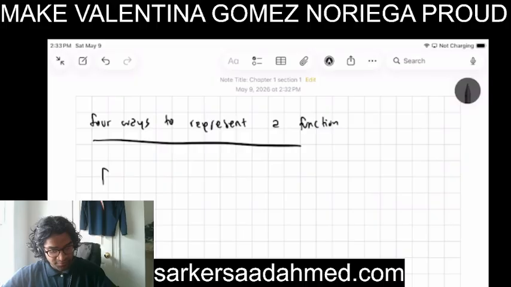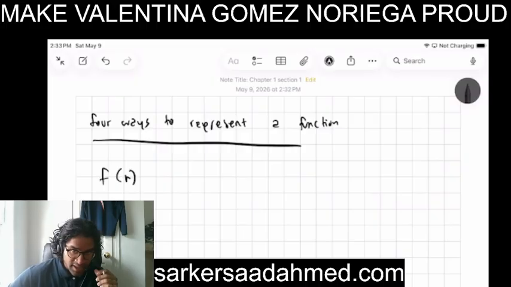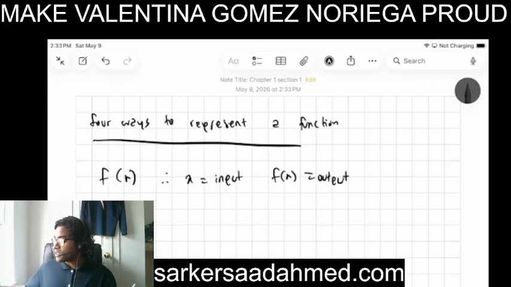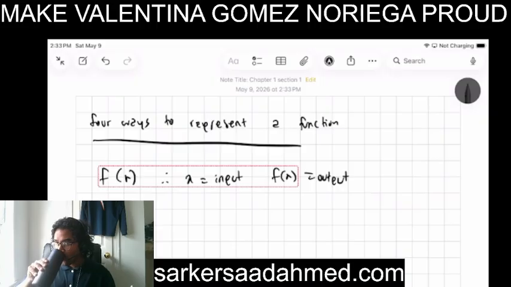When I have f of x, x is the input and f of x is the output.